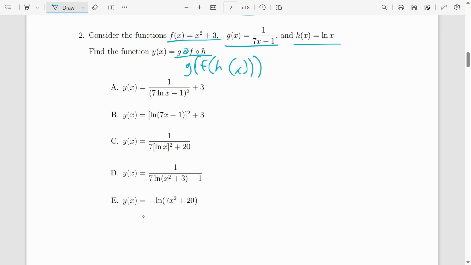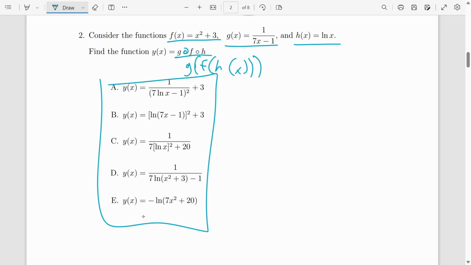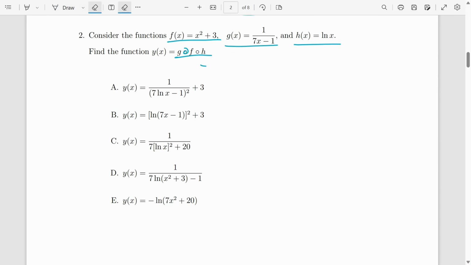We just put one function inside another, and then whatever we get at the end is going to be our answer. So let's start with that. I'm going to rewrite that because that's good to know. G of f of h of x. So we'll start on the inside and then expand outwards. We'll first start with figuring out how to put h of x inside of f of x.